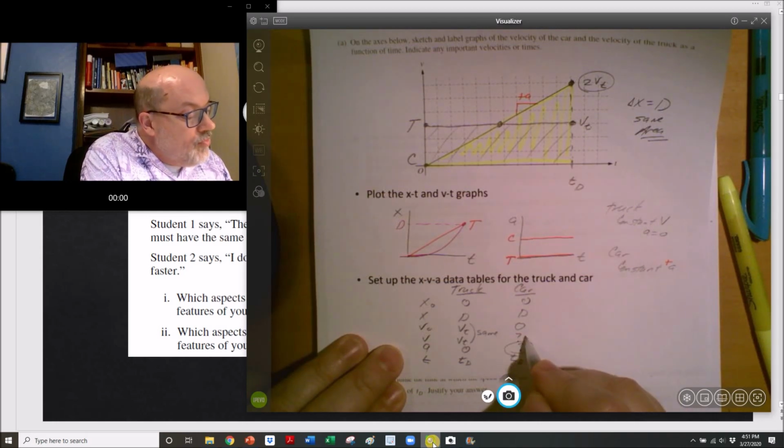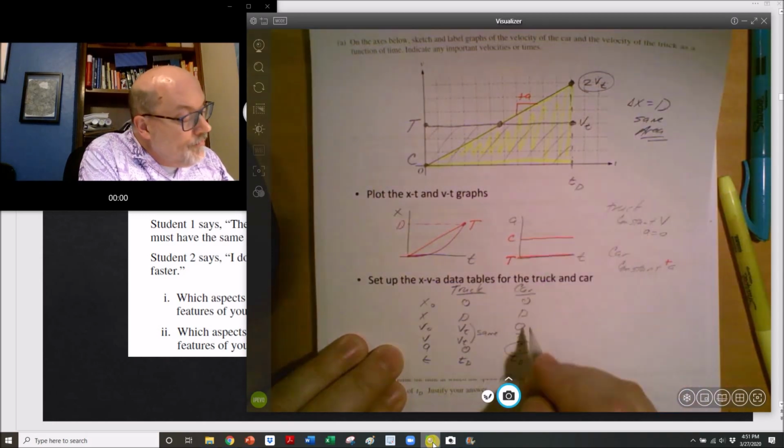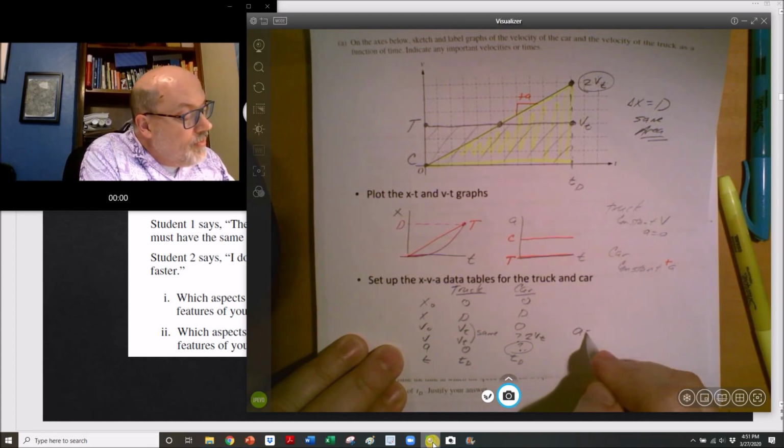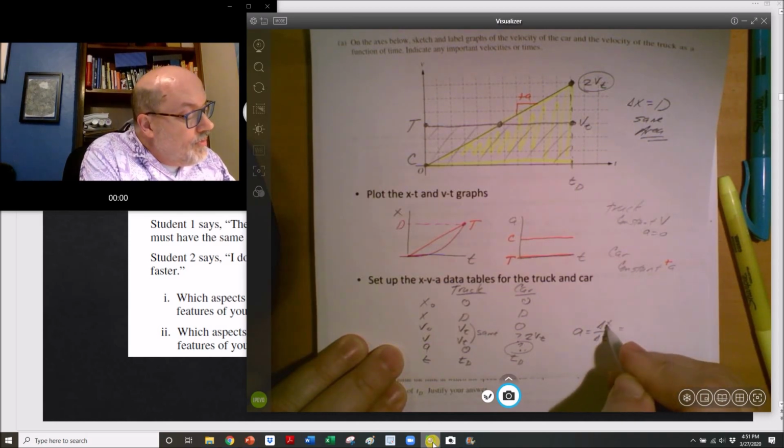Hey, we do need to know what this final velocity is. We've already decided that it's twice, so that's 2v_t. All right, so I could find the acceleration, and that equals delta v over delta t. So the delta v would be 2v_t over t_d, and we're done, right?